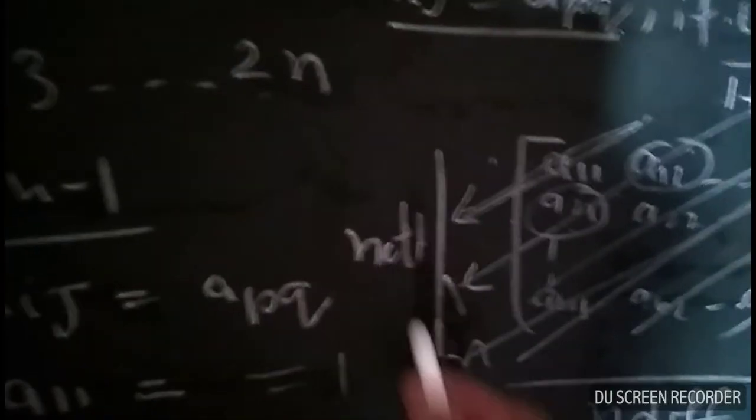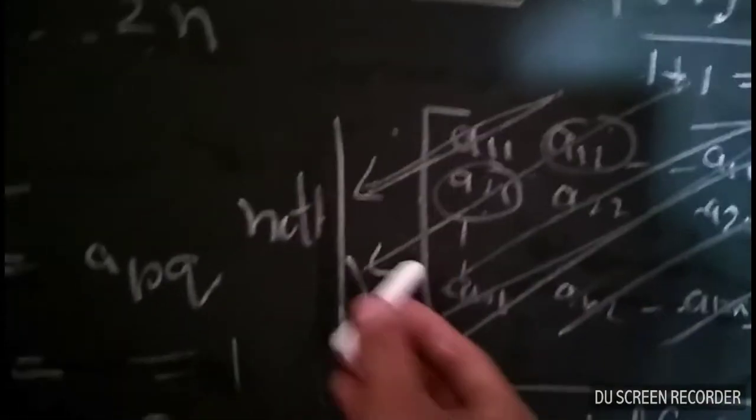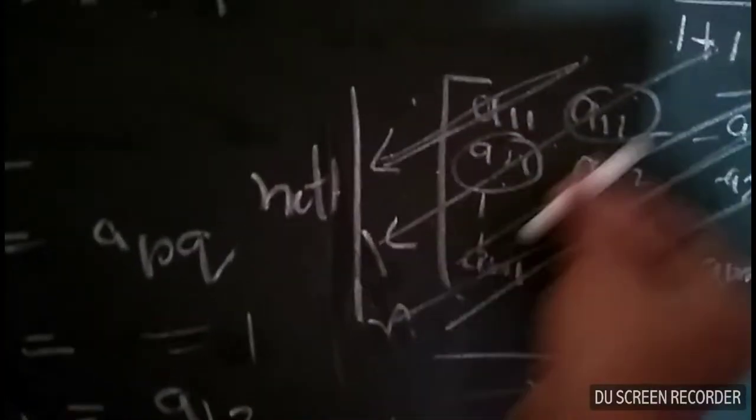But among these n row elements and n column elements, the principal diagonal element is common.